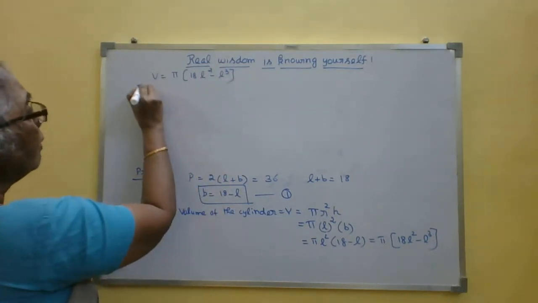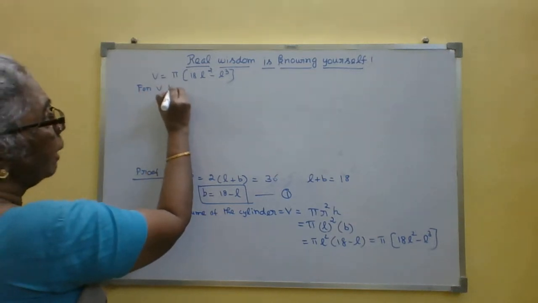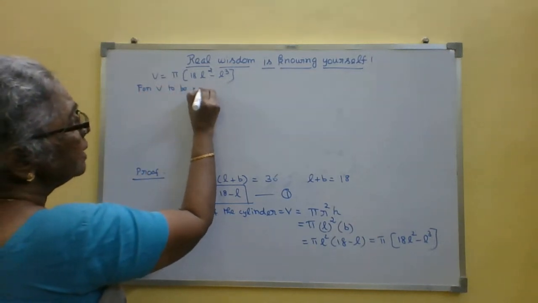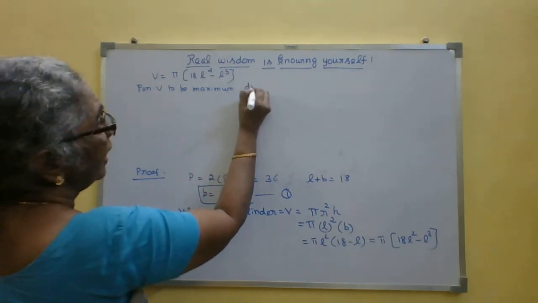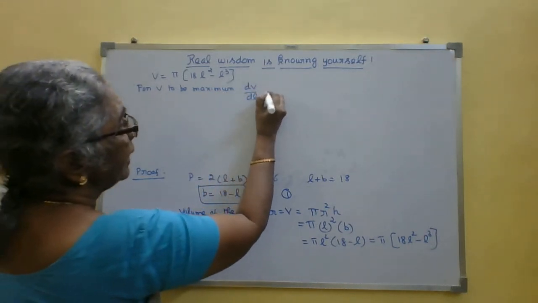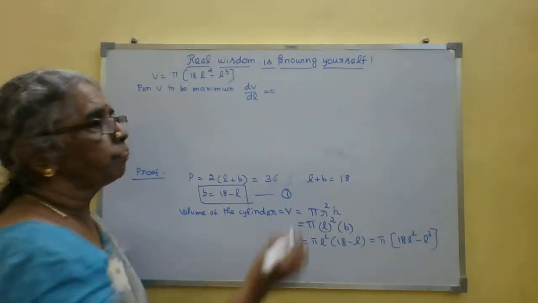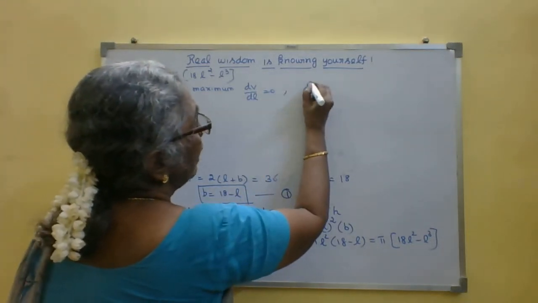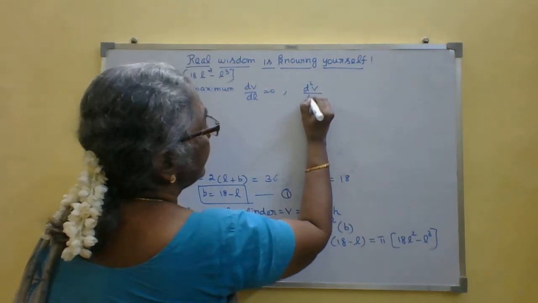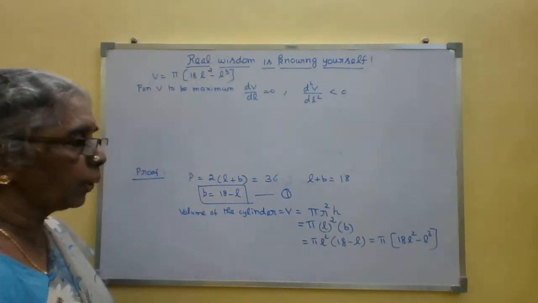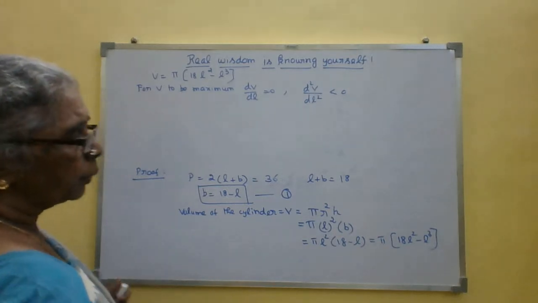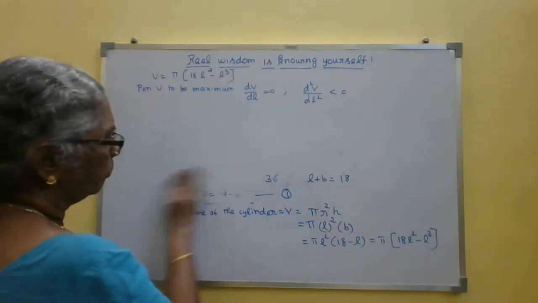Now for V to be maximum, what are the two conditions? You know, for both maximum and minimum, the first derivative, that is dV by dL, should be equal to 0. Then if it is maximum, the second derivative, d square V by dL squared, should be lesser than 0. So these are the two conditions for you.